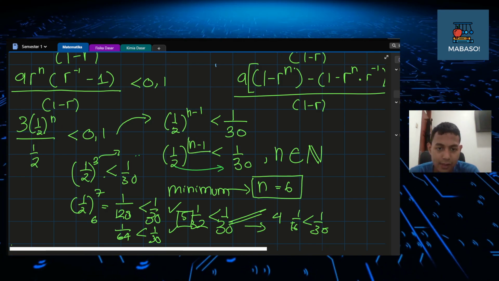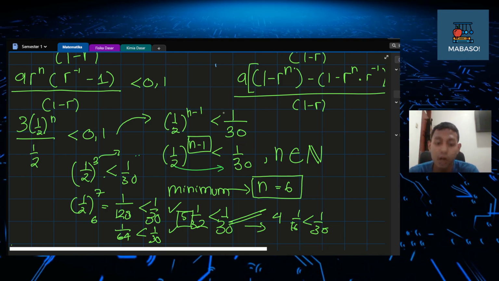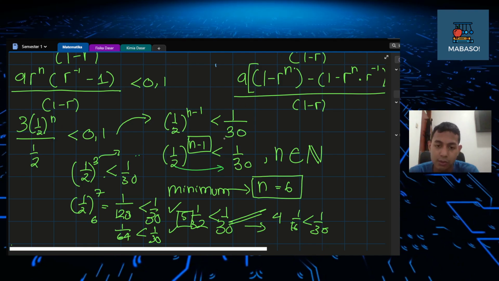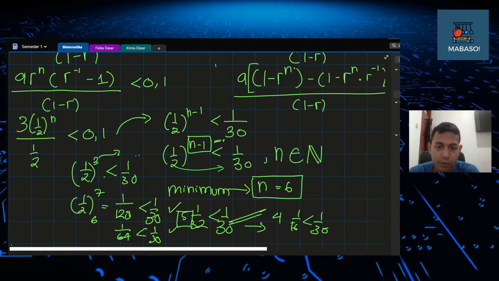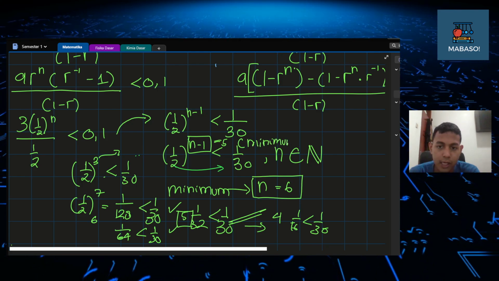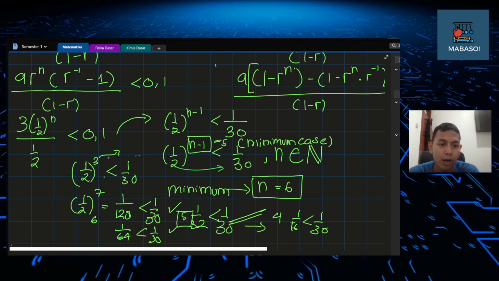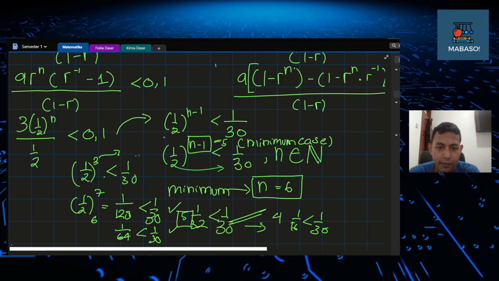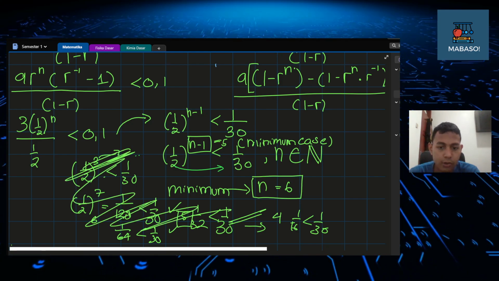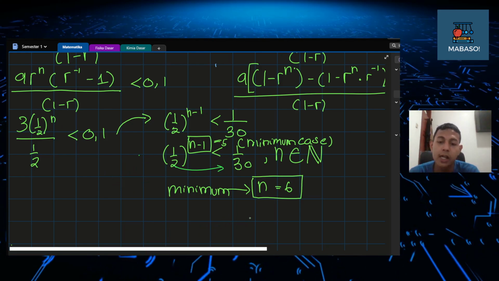So this term has to be equal to 5, so that it is the smallest value possible. So therefore this has to be equal to 5 for it to be the minimum case. This is the minimum case. Therefore n must be equal to 6. So this is the logic behind this.